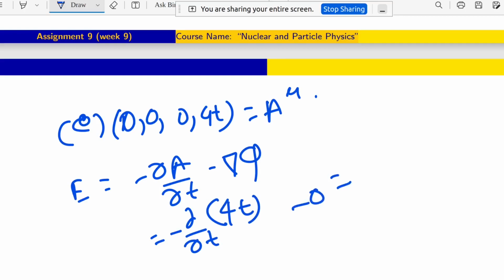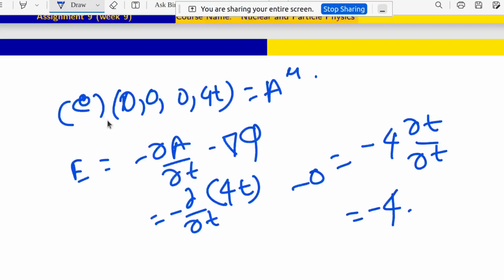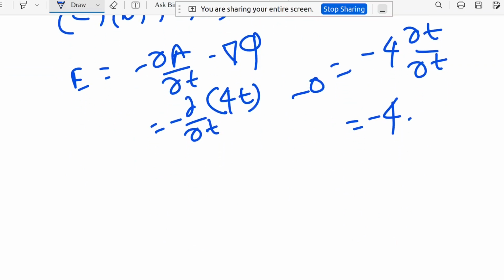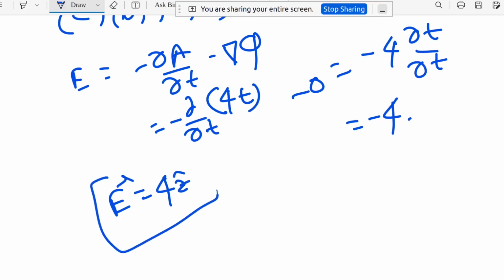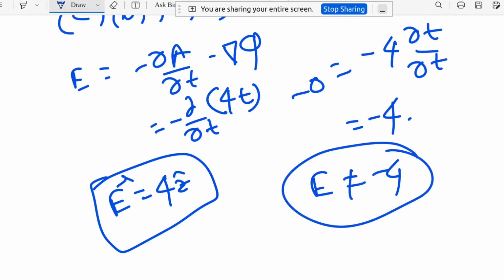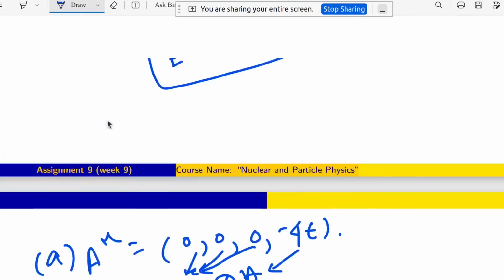What will be the answer? It will be minus 4 del T, which is minus 4. But from our conclusion we got E equals to 4. So E is not minus 4. That means this option number C is also not correct.